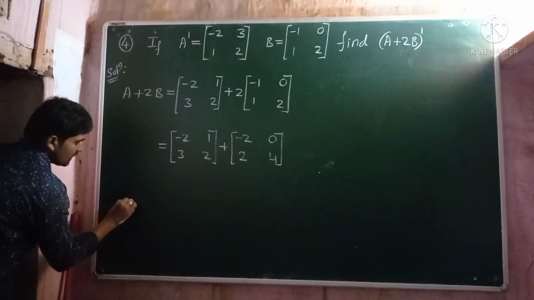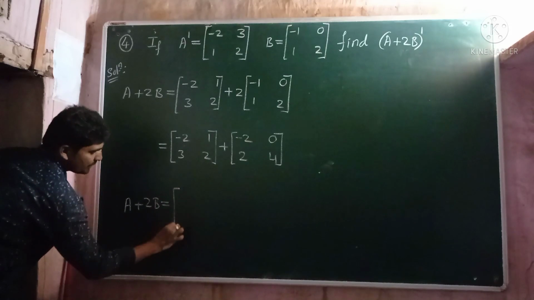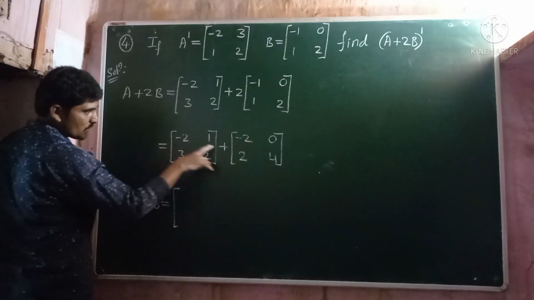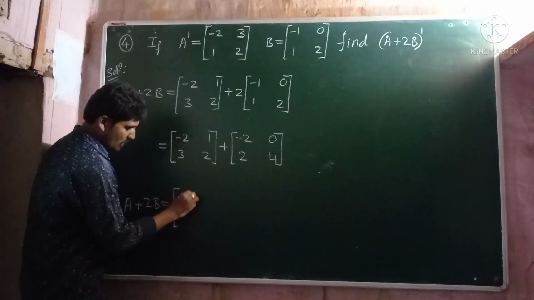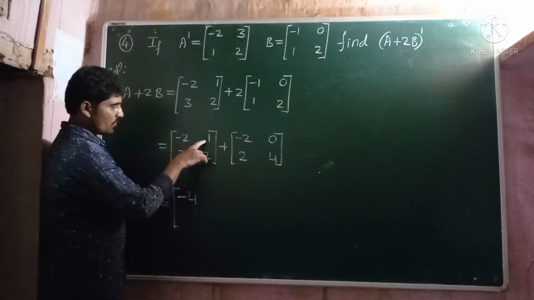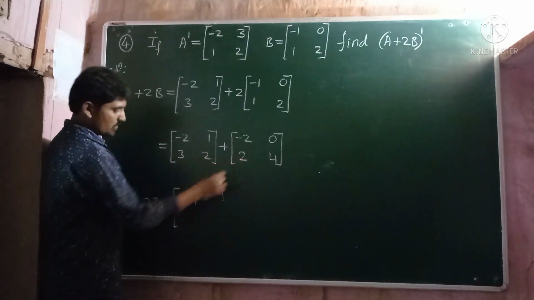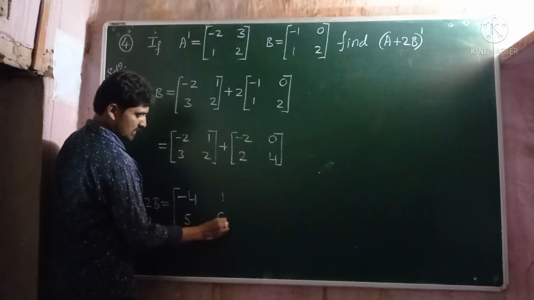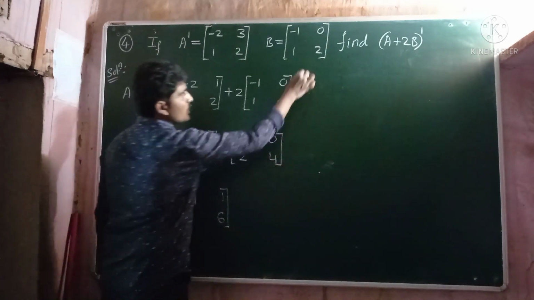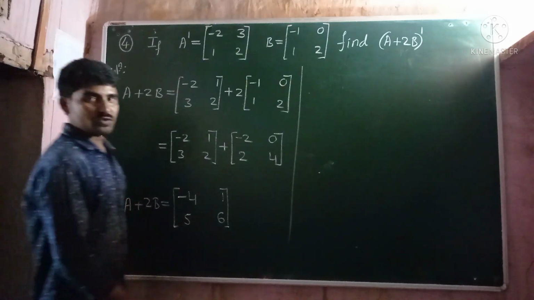Therefore the A plus 2B matrix is equal to minus 2 plus into minus, so minus 2 minus 2 is minus 4, 1 plus 0 is 1, 3 plus 2 is 5, 2 plus 4 is 6. Now, what is the transpose of this matrix A plus 2B?